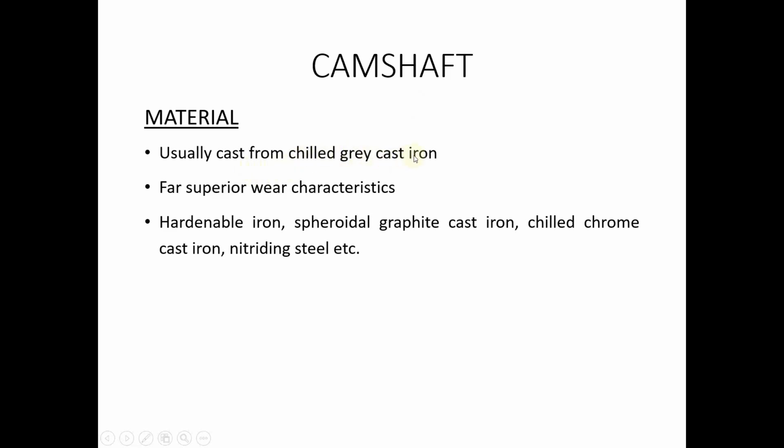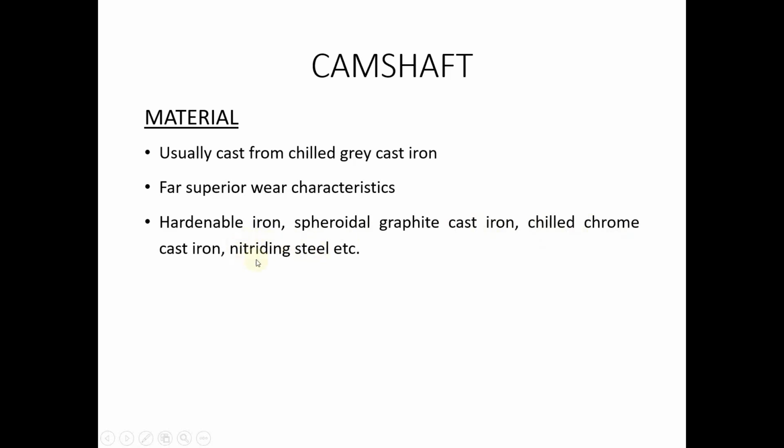Other than chilled grey cast iron, other materials that are used for manufacturing camshafts are hardenable iron, spheroidal graphite or SG cast iron, and chilled chrome cast iron, which is used in high performance engines.